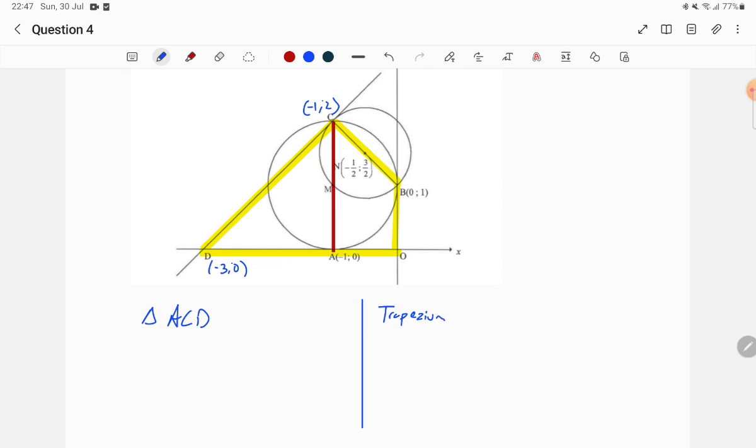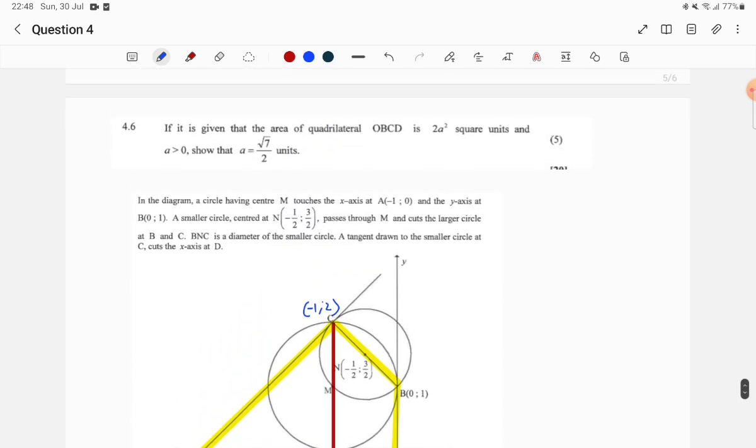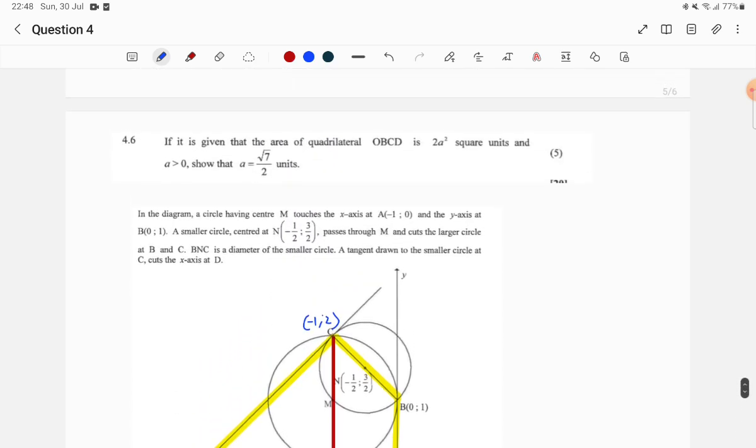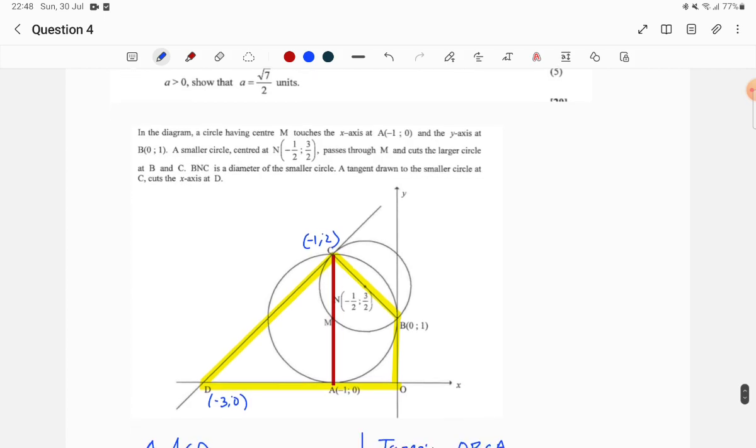Well, a trapezium has one pair of parallel sides, and since that's a vertical line and this is the y-axis, that automatically tells us it's a trapezium. So if you work out the areas and add these two separate areas together, we will be able to equate it to our 2a squared and therefore work out what a is.